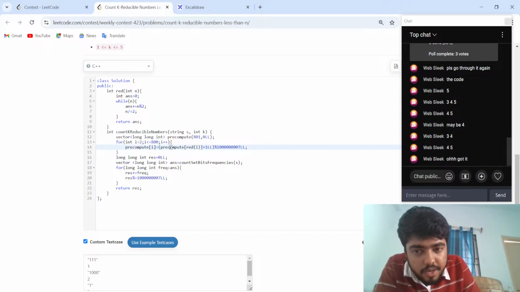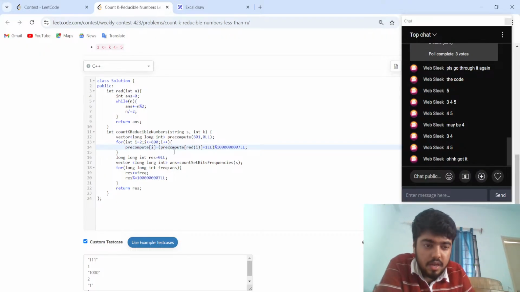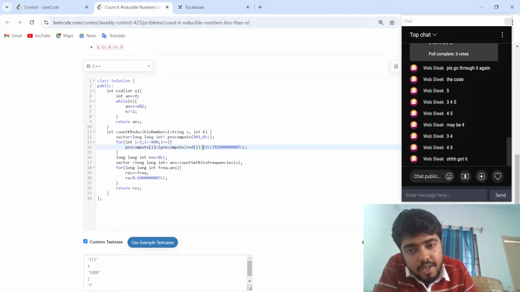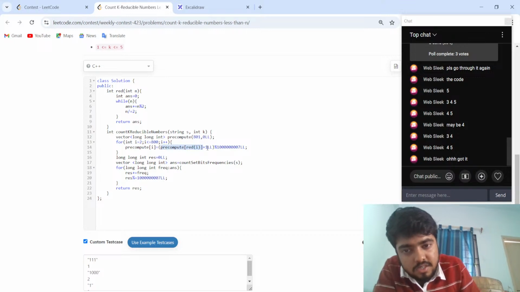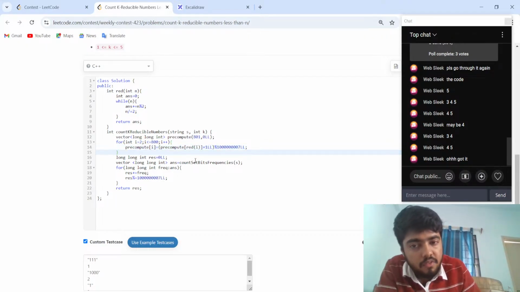So how can we do it? We are going to reduce it once. After reducing it once, the value decreases. And we have already computed what the value should be. So we are just reducing it by 1 over here, and then we are computing what the value should be.